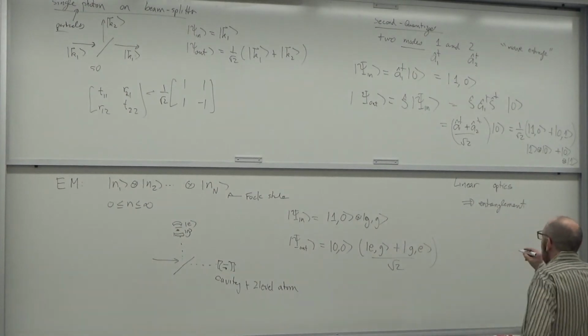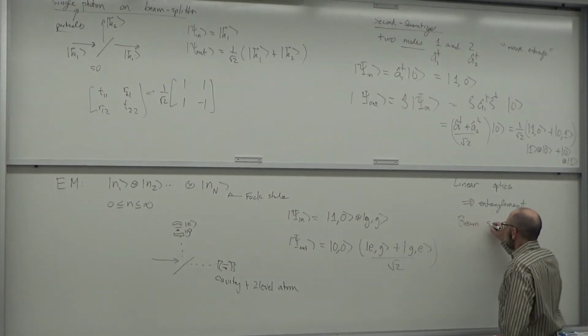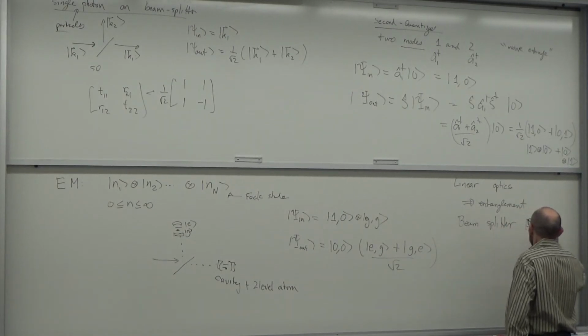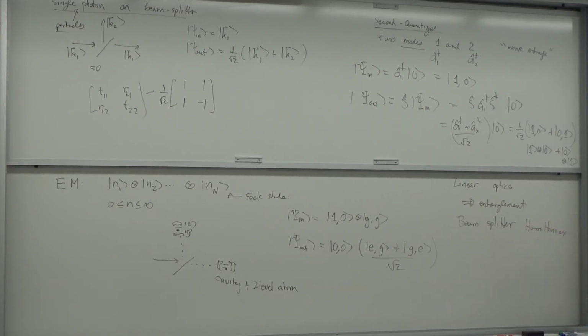Because let's look at a beam splitter Hamiltonian. That's a Hamiltonian that generates a linear transformation.